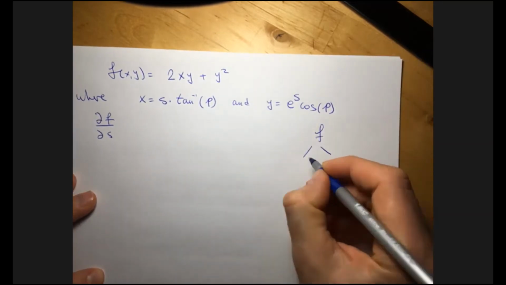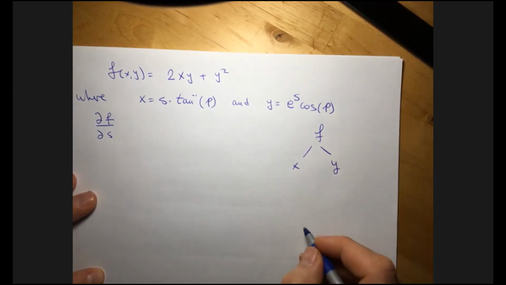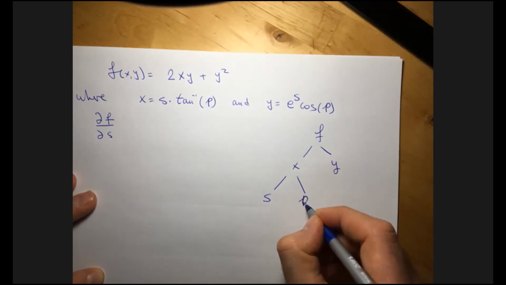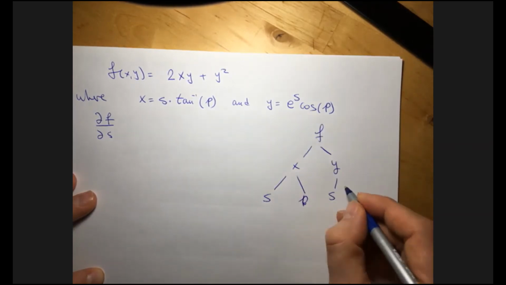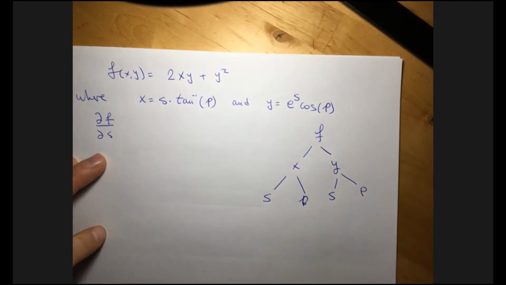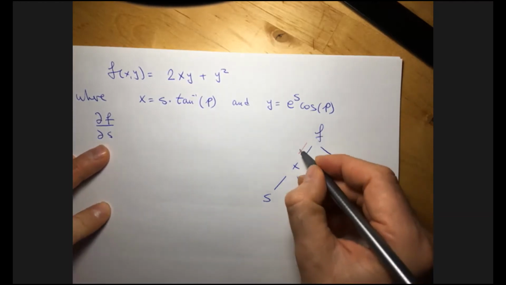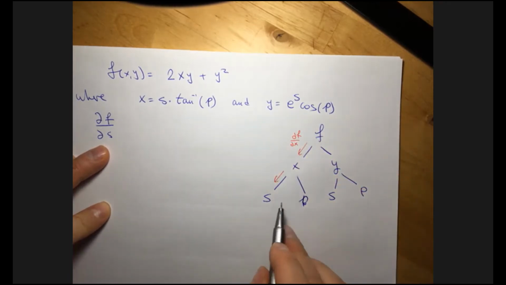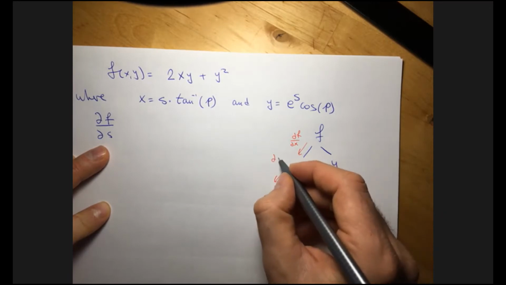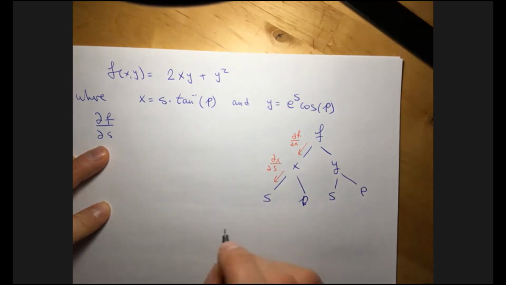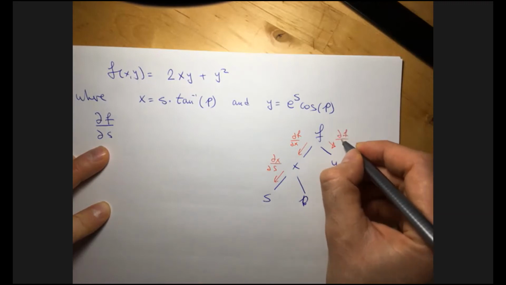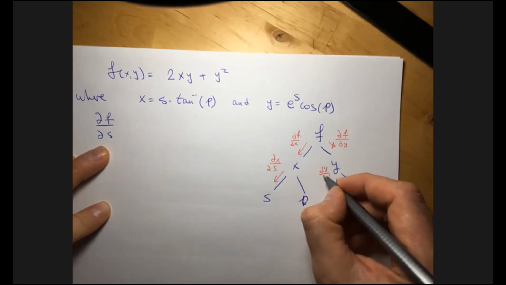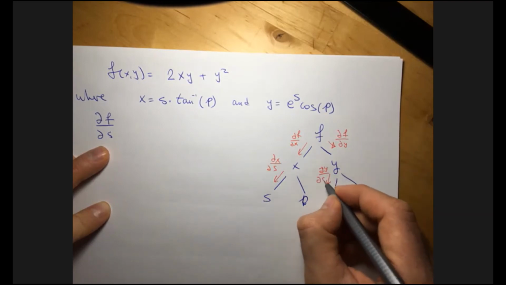f depends on x, y, then x depends on s and p, and y depends on s and p. Then how am I going to get from f to s? Partial f, partial x, times, now x depends on two variables, partial x, partial s, plus partial f, partial y, times partial y, again y depends on two variables, partial s.